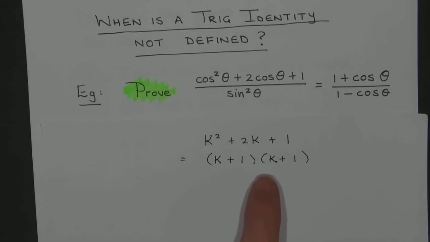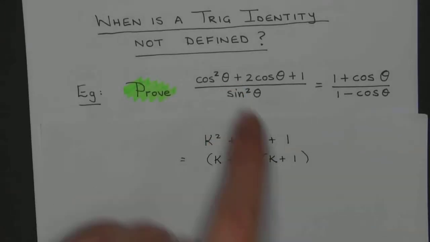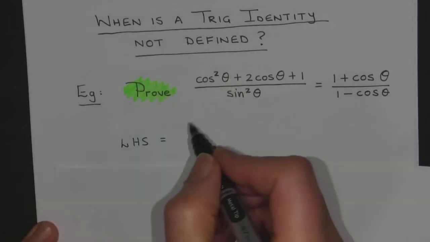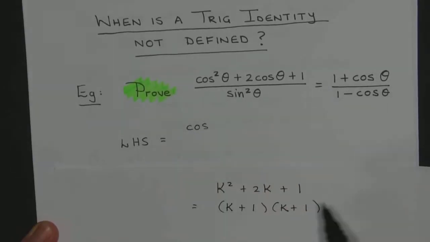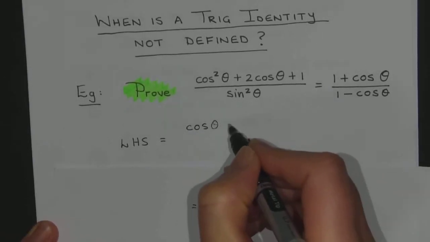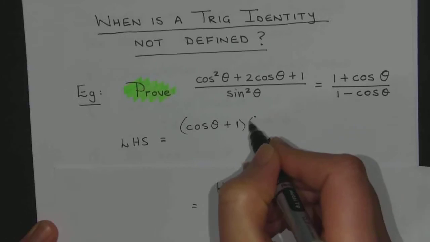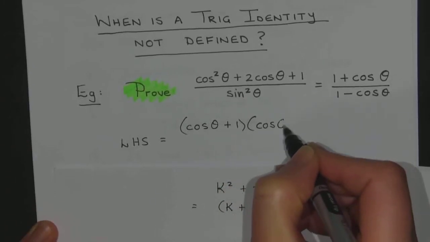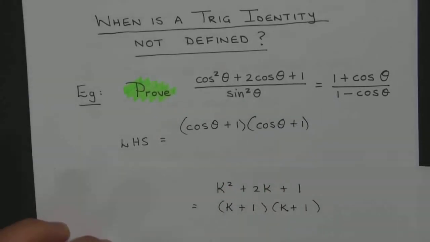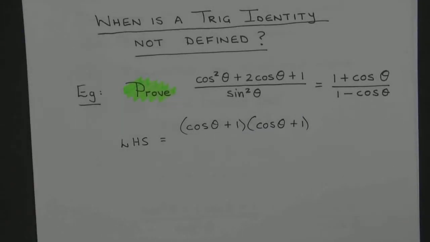So that means if that factorizes into this, this one will then factorize into cos of theta plus 1 and cos of theta plus 1. Because like I said, one of the 4 tools in your little toolbox is factorization. So please, please, please remember factorization.